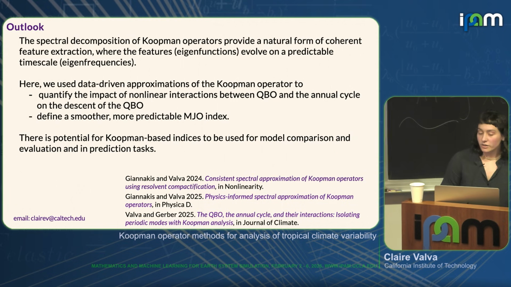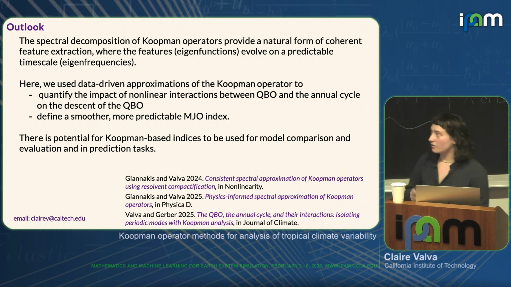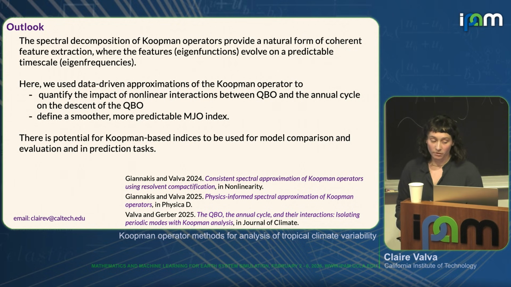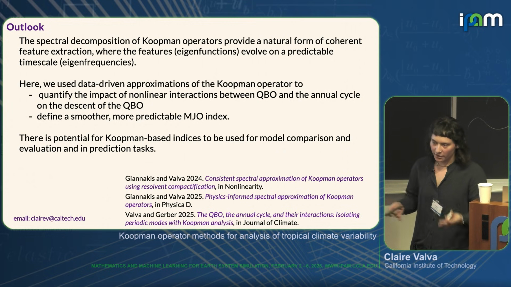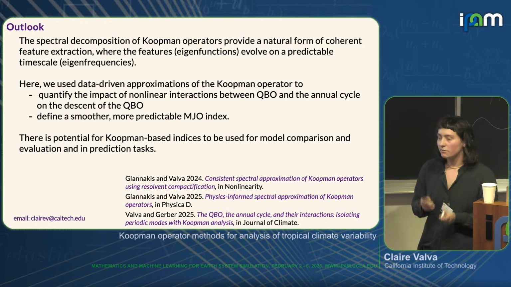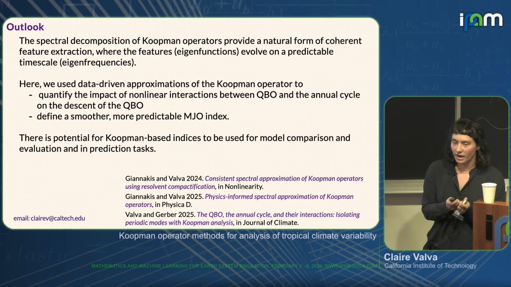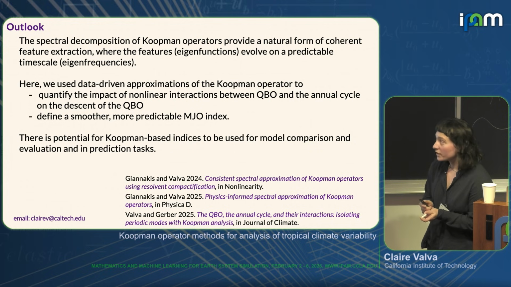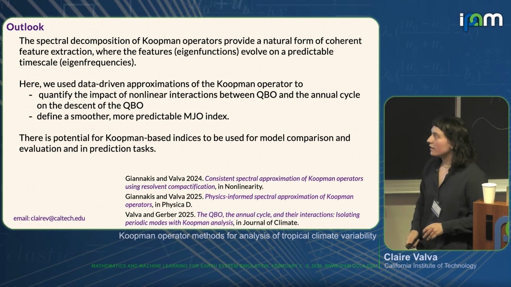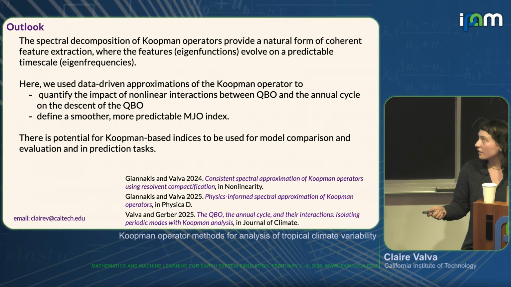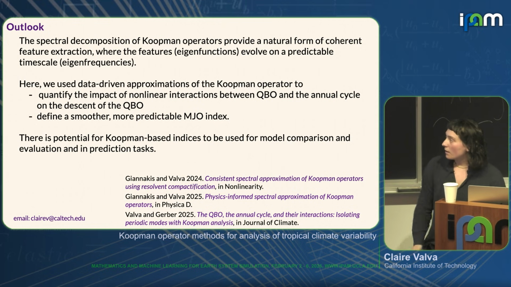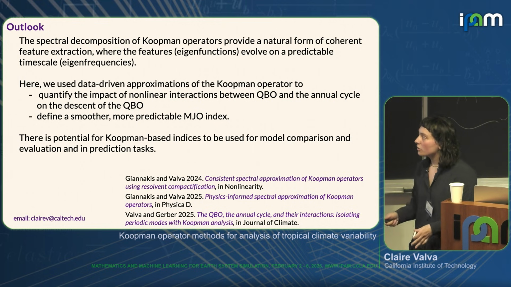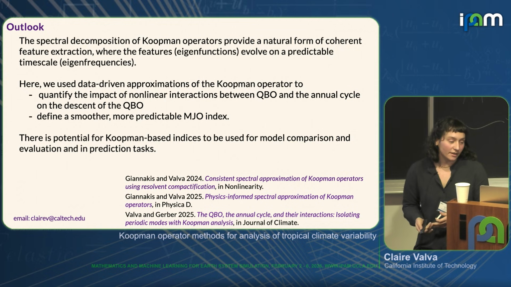The spectral decomposition of these operators has provided us with a nice coherent form of feature extraction, where we're getting these eigenfunctions and Koopman modes that not only vary coherently with our eigenfrequency, but also give us an eigenfrequency to start interpreting these modes. This was pretty useful in the QBO case. It allowed us to quantify the impact of nonlinear interactions between the QBO and the annual cycle. And it let us have a much smoother, nicer MJO index.